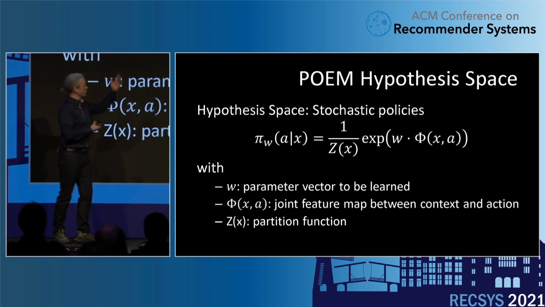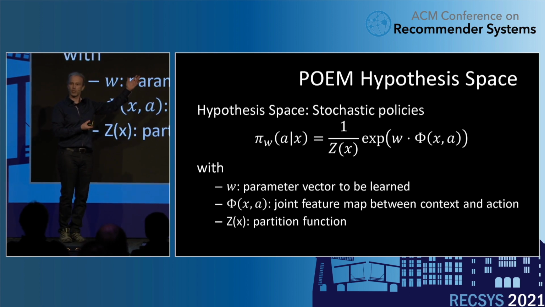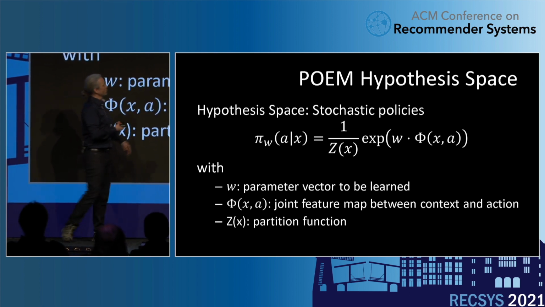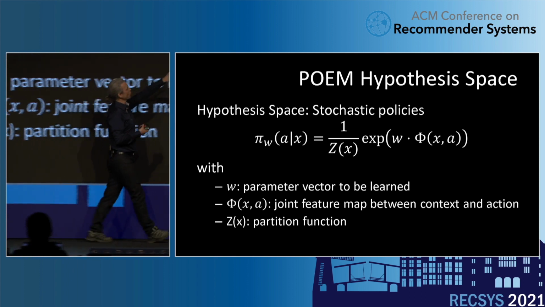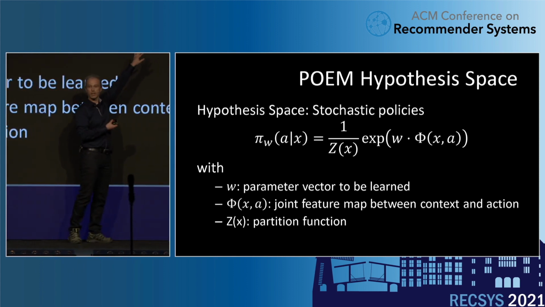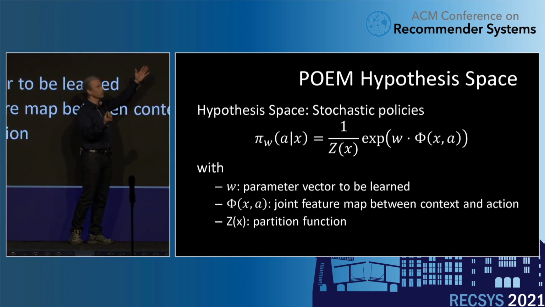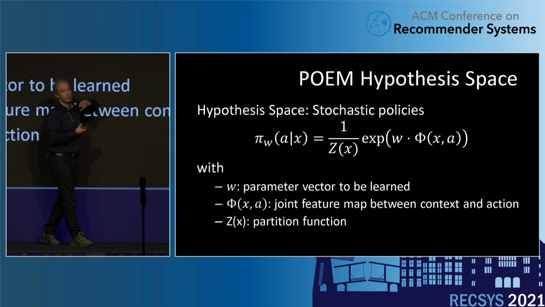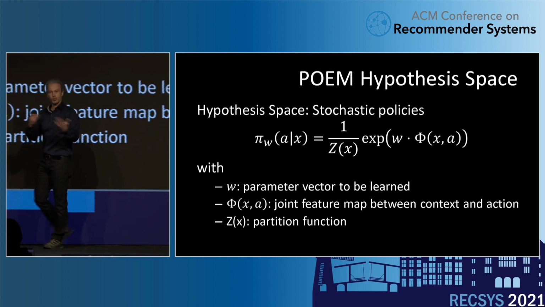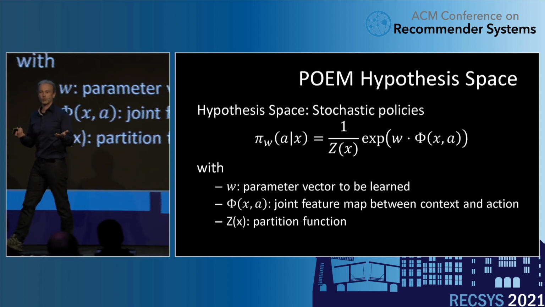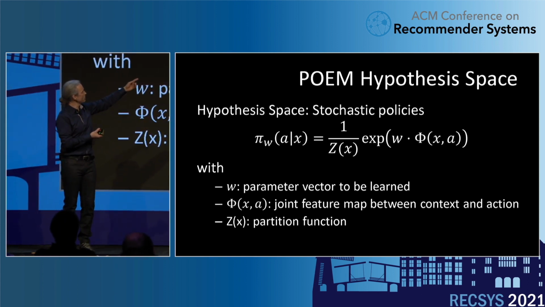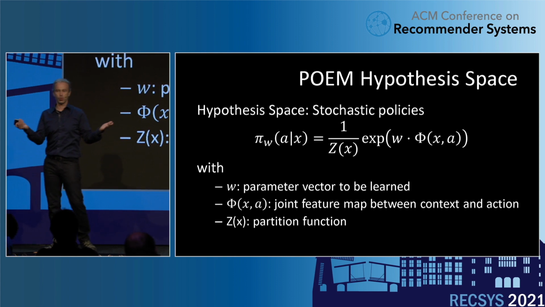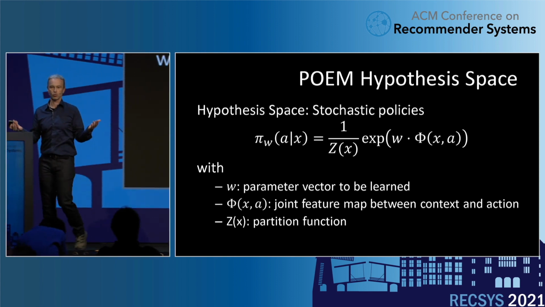Or actually, this is exactly like a conditional random field as well, where you just have a joint feature map between the context and the action. That gives you a feature vector, phi. And then here in the simple case, we just learn a linear parameterization, like a weight vector W. And then this function z, this partition function, just normalizes this whole thing so it becomes a probability distribution over actions.